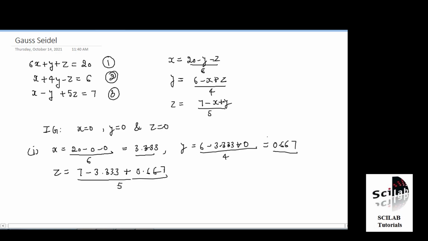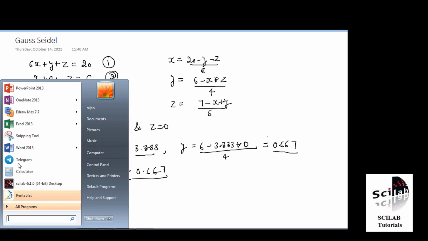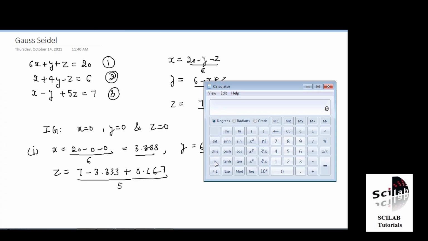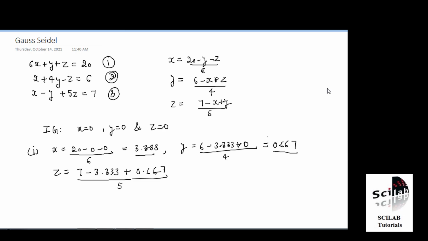So let us open our calculator. 7 minus 3.333 plus 0.667, and now divide by 5. So this will give me 0.867 up to 3 decimal places.